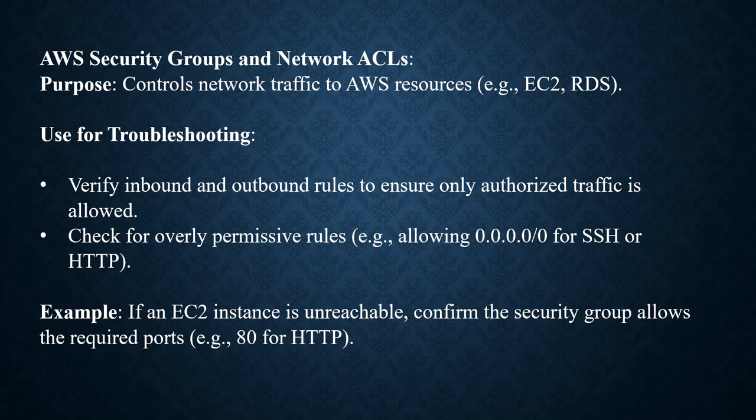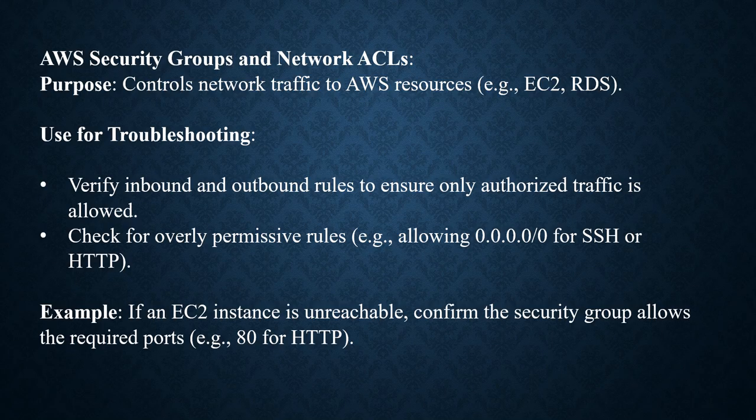AWS security groups and network ACLs. The purpose is that they control network traffic to AWS resources, for example EC2 or RDS. Used for troubleshooting, verify inbound and outbound rules to ensure only authorized traffic is allowed.